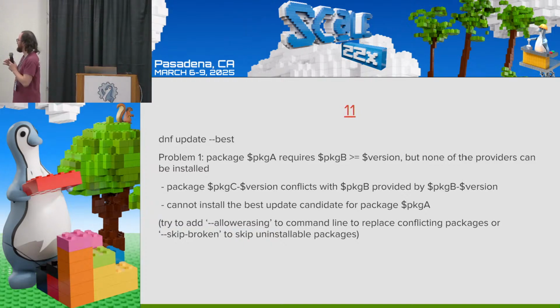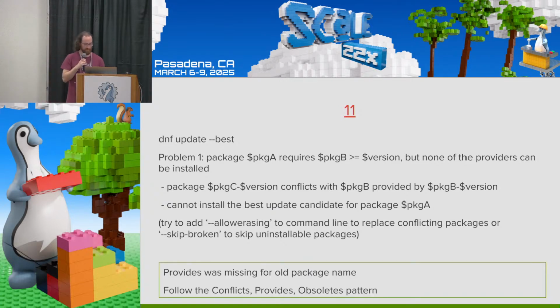Okay. So I'm trying to run dnf update using --best, or it's the default after, depending which distro you're using. But there's a version conflict here. And again, there's a hint there. You can use --allowerasing, but what happened here is that there was a provides, and these are all real problems.